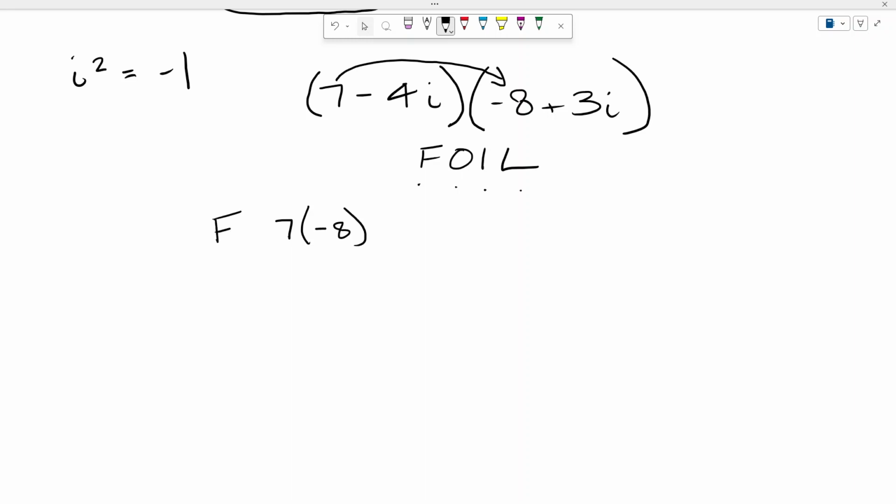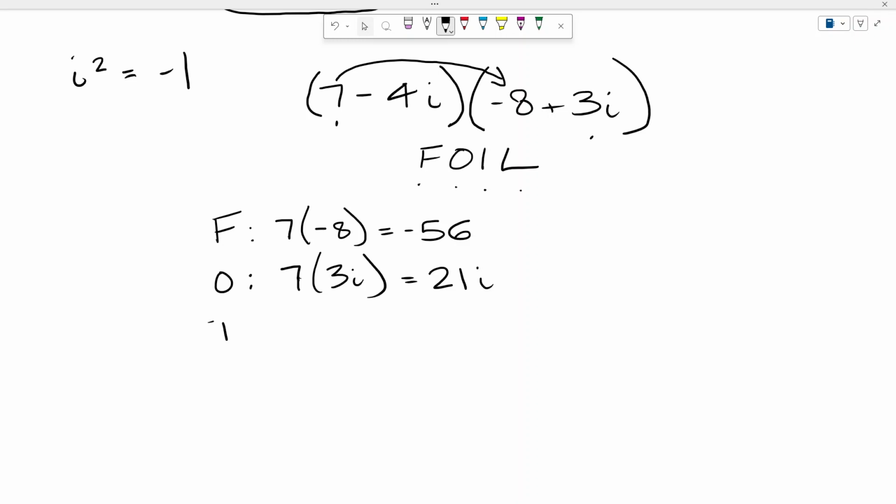All right, this is our F part, which is equal to -56. And then outer. So now the outer terms. So we're taking 7 and multiplying it times 3i. So 7 times 3i, which is equal to 21i.